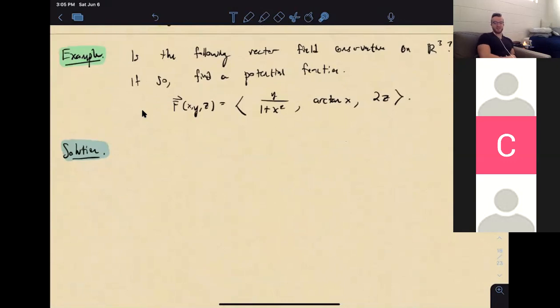Okay, so is the potential function y arctangent of x plus z squared? Let's check. Let me declare f of x, y, z to be y arctangent of x plus z squared.